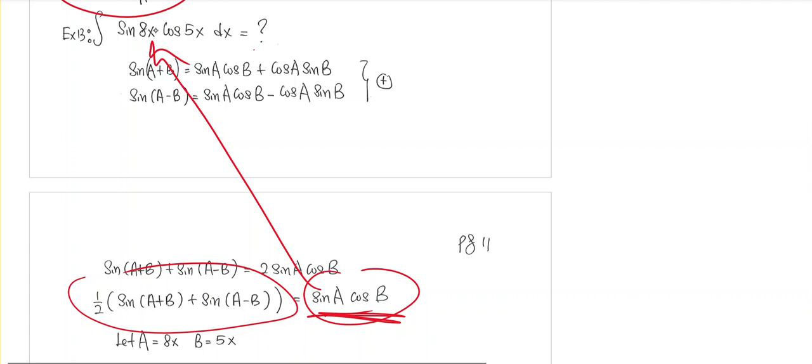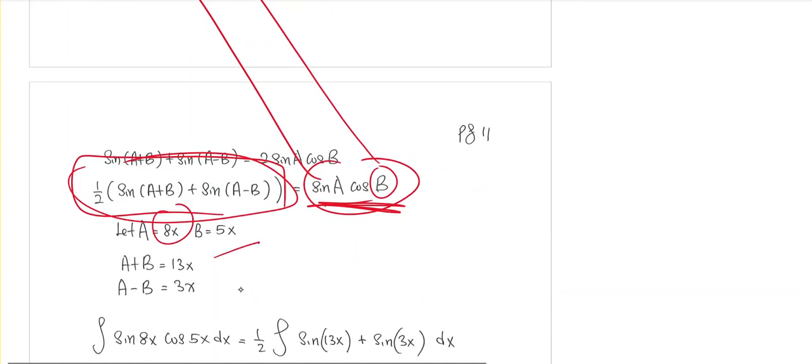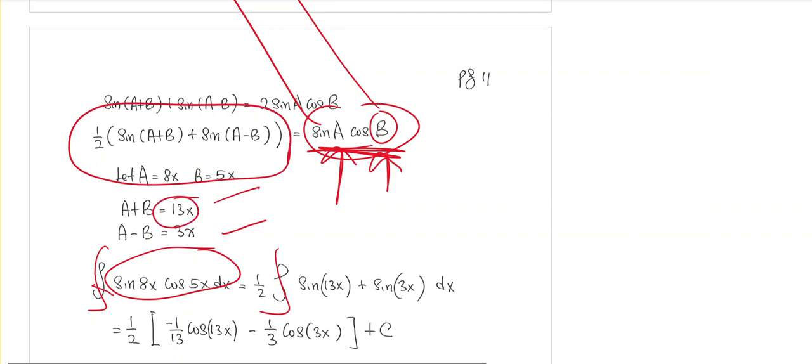So if you compare your sine A cosine B with this, you can say that my A is 8x, and my B is 5x. So what is this thing here on the left? A plus B is obviously 13x, A minus B is 3x. So integrating sine 8x cosine 5x is the same as integrating the entire left-hand side here, with A plus B being 13x and A minus B being 3x.